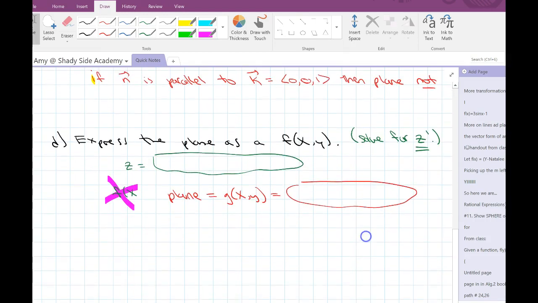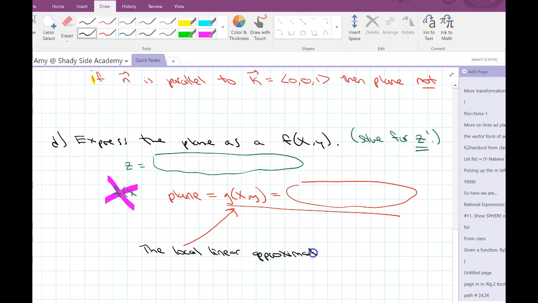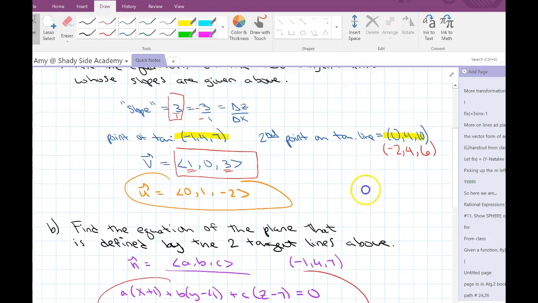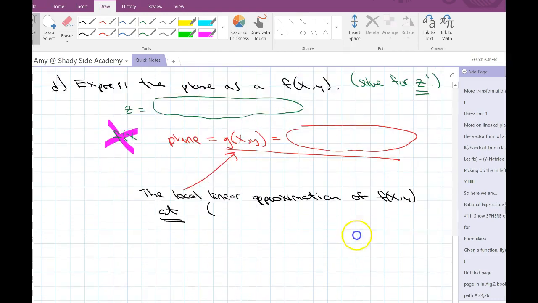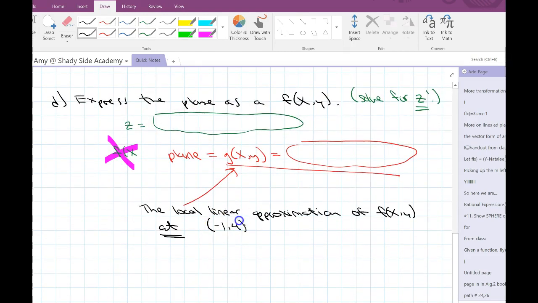What you've just found here is called the local linear approximation of f at the point (-1, 4). We just derived what it means to be a local linear approximation.